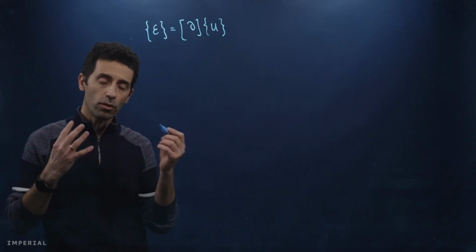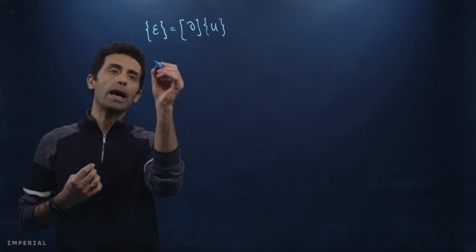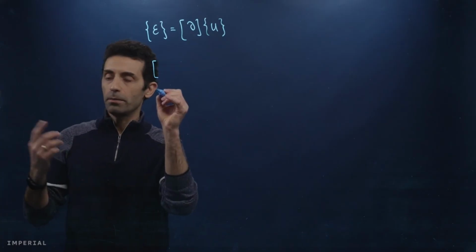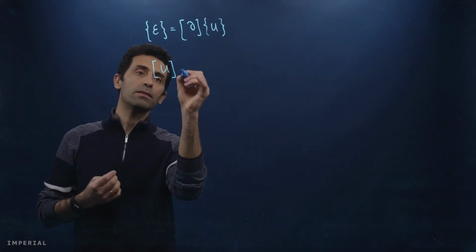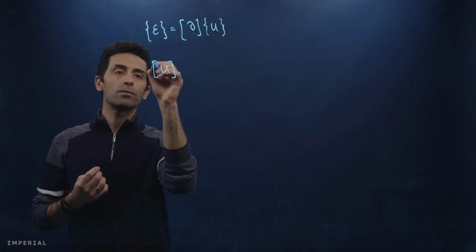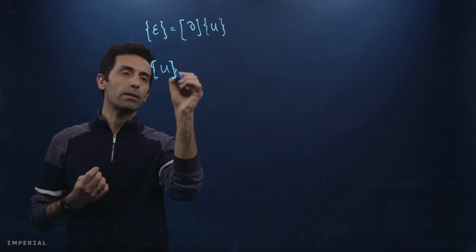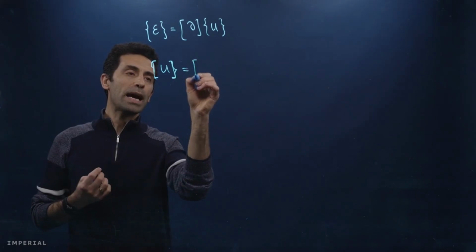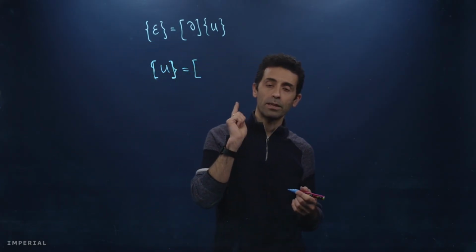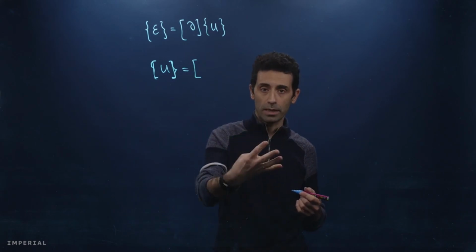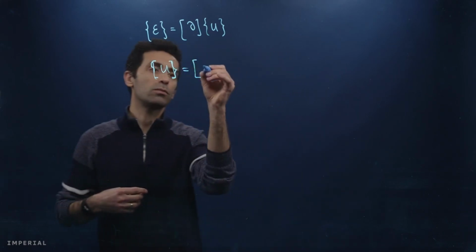We also know for isoparametric elements, the translation or displacement field, so we show it with a curly bracket like this, can be determined by using vector of nodal displacements and the shape function, which we show with n.